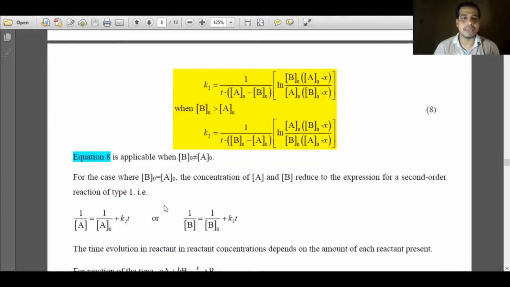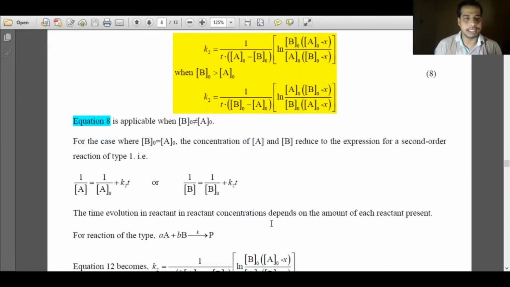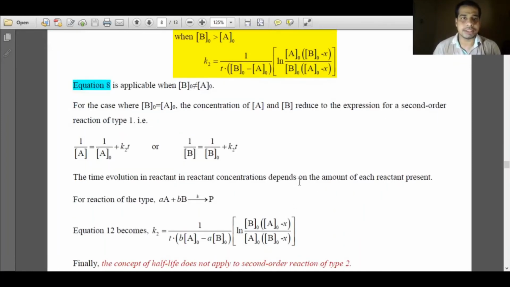So what was the type 1 rate expression? In terms of A, we can write 1 over A is equal to 1 over A0 plus K2T, or in terms of B, 1 over B is equal to 1 over B0 plus K2T.